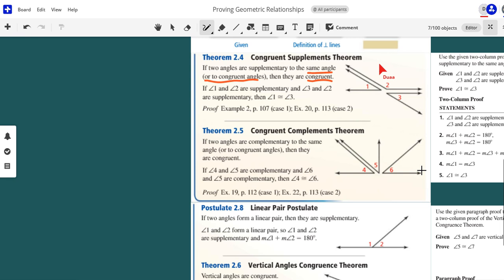Can you give me the definition of supplementary angles? When the angles measure up to 180 degrees. Excellent.